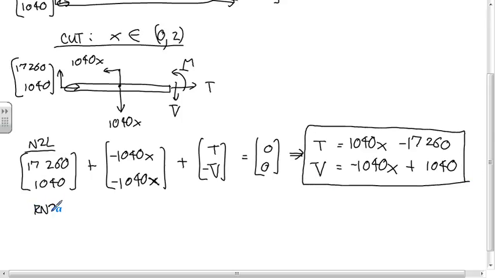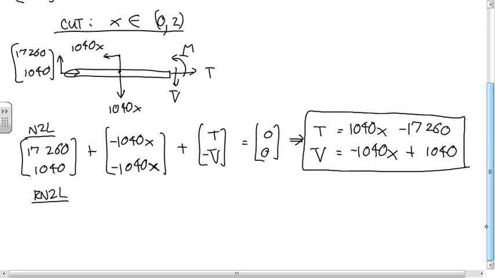And then the rotational equation. Any moments produced by these forces on the left, doing moments about the left endpoint? No. How about the distributed loads? Yeah, that's right. The vertical one produces a moment. And what's its moment arm? x over 2, exactly. And that's going to cause a clockwise rotation.